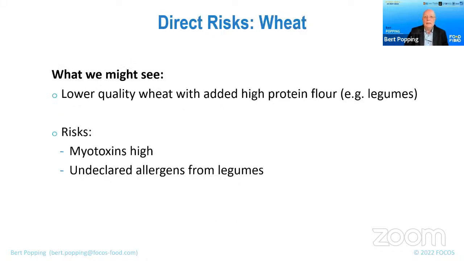So if you ask me what we might see, we might see a lower quality wheat with added high protein flour, for example, coming from legumes. We might see a lower quality wheat that may have a significantly higher mycotoxin content. And if this is basically added or has added legumes, there might be undeclared allergens from the legumes.